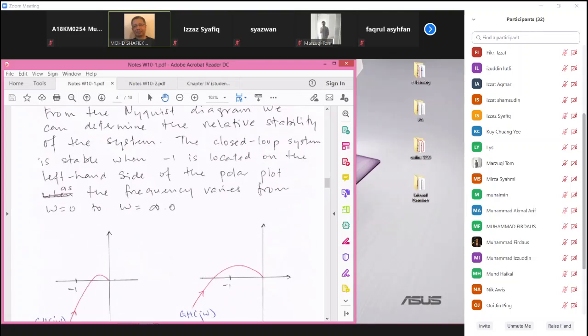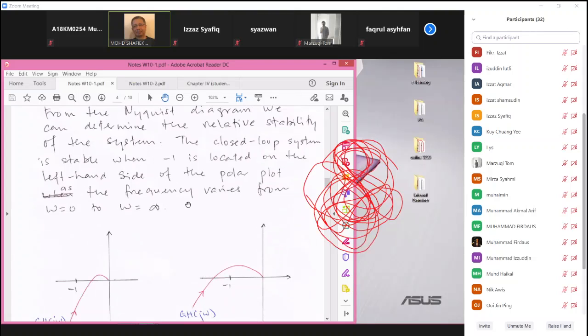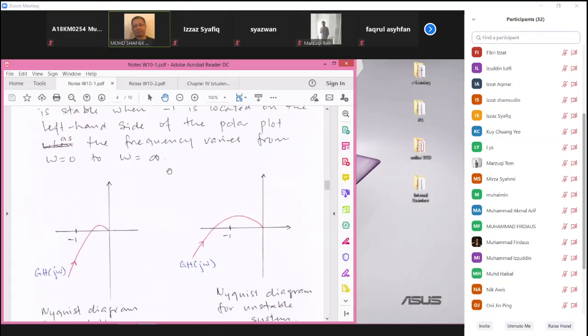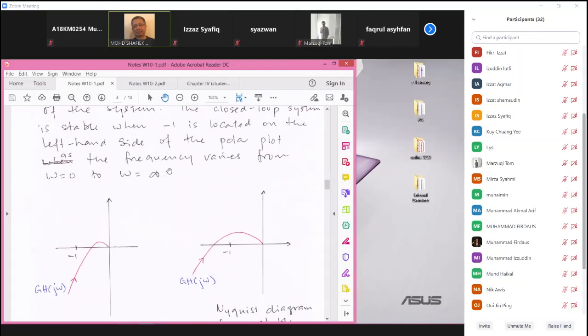We look at this point -1 on the polar plot, or the complex plane diagram. See, this is -1.